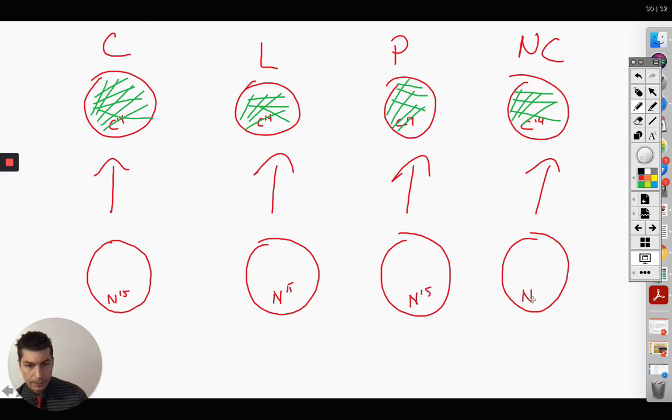Okay. All right, did the same technique, guys. And we are going to see which ones are going to have growth. Which ones are going to take up that N15 isotope. And they're only going to take up N15 if they have nitrogen in that monomer or that polymer, okay?